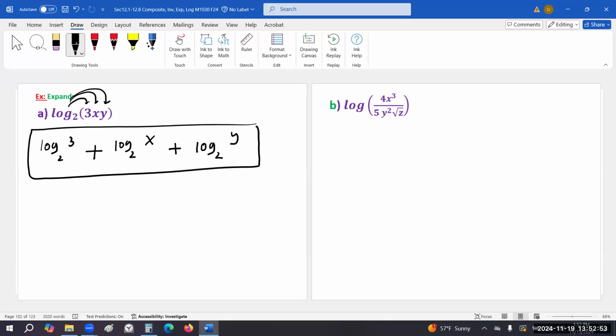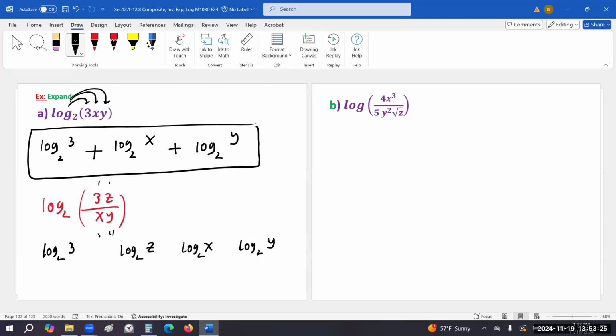Let me do one example before you do that. Let's say you have log base 2 of 3z over xy. So we have 1, 2, 3, 4 things. That means we are going to have 4 logs: log base 2, log base 2, log base 2, log base 2, of 3, z, x, y. 3 and z are multiplying on the top, so between them we have a plus.